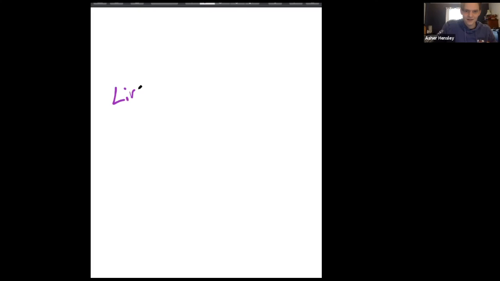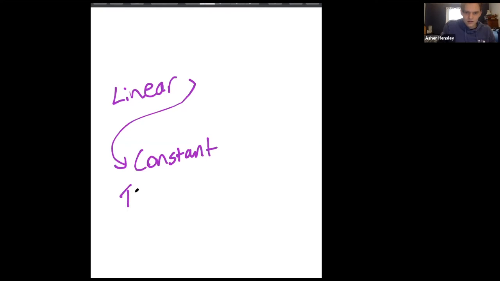Linear. What type of increase or decrease are we doing? Constant increase or decrease. That means we're doing the same amount each time.